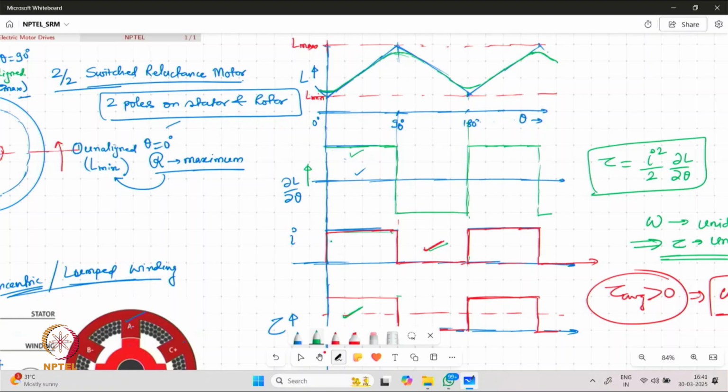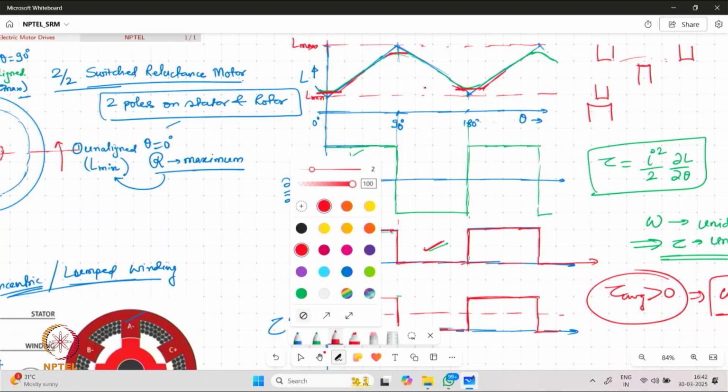And sometimes there may be regions where inductance is not changing at all, so we may have flat bottoms for this curve. This may happen on account of the gap between the two poles. If we have a large gap between the two poles and the rotor pole is coming in between, we may not see any appreciable change in the inductance for a large angle. Similarly, if we have the rotor pole size bigger than the stator pole, we may have a flat topped surface as well.